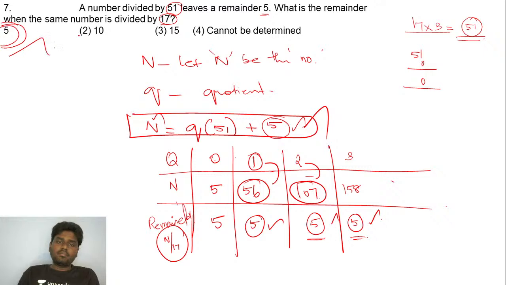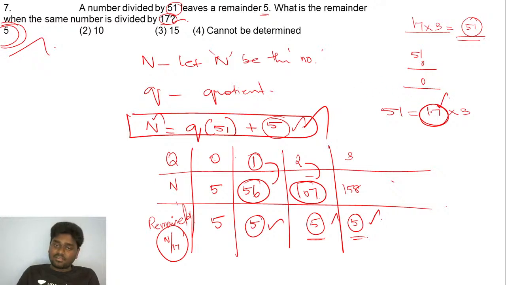But you may be a little bit confused that they are asking the remainder when the same number is divided by 17. What you need to necessarily know here: if you try to take the factors of 51, can I say it is 17 into 3? 17 is already a factor of 51.